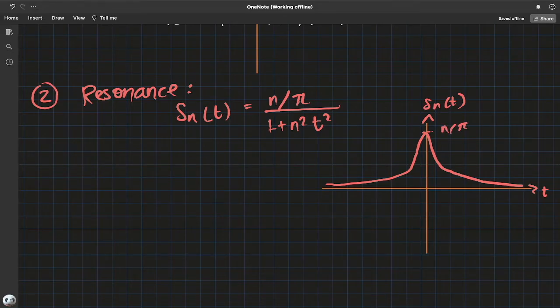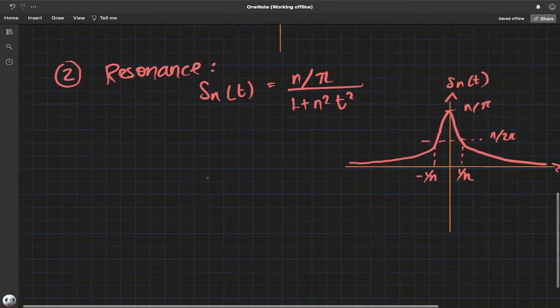You can verify it by plugging that value in here. And when t equals 1 over n, you're going to have half of this height. It's going to be over here. So this t value is going to be negative 1 over n, and 1 over n, for a height of n over 2 pi. That's just one interesting property of this.